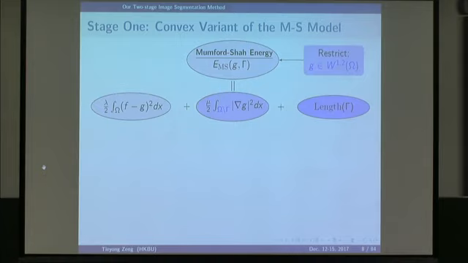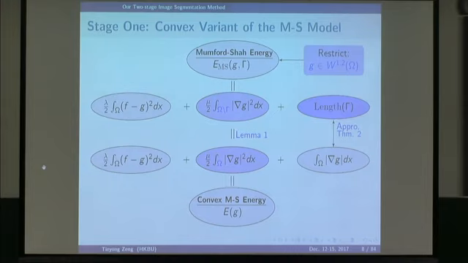The first term is easy to handle, and the second term we replace with some relaxed version. Basically, it says that when the measure of gamma is 0, then this one is nearly the same. And another theorem tells you that the length of gamma is related, but not exactly the same, to the total variation of this G. Then you minimize this model.